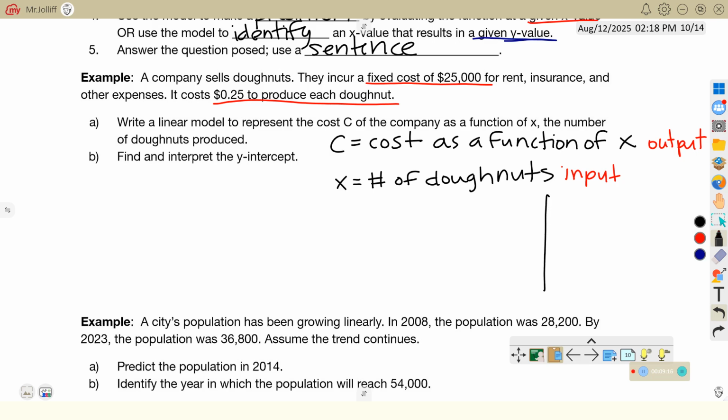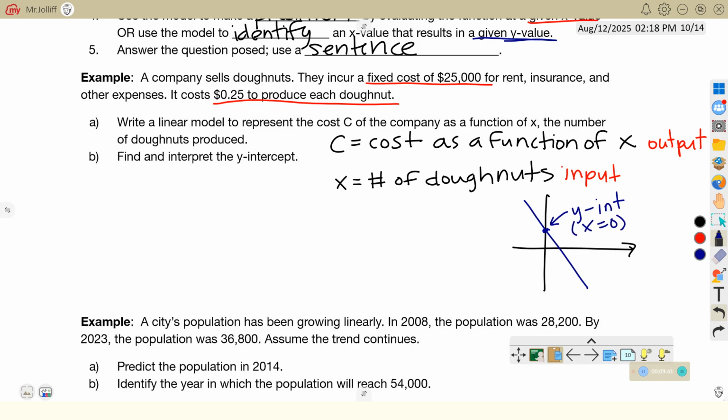Earlier this week, you told me that when we graph a line, my y-intercept is the point where the graph crosses the y-axis. What is the x value at the y-intercept? 0. It's the y value when x equals 0.